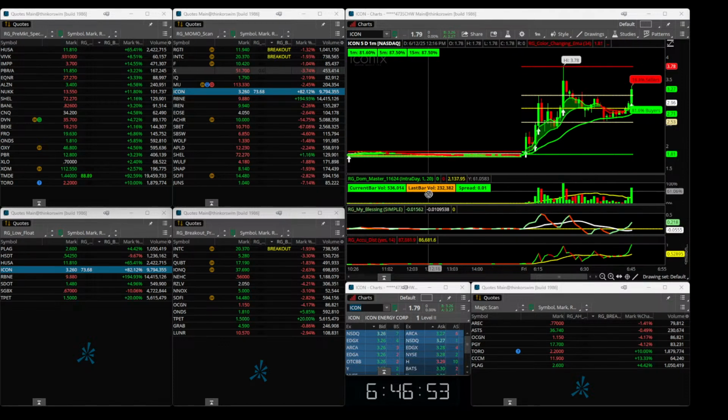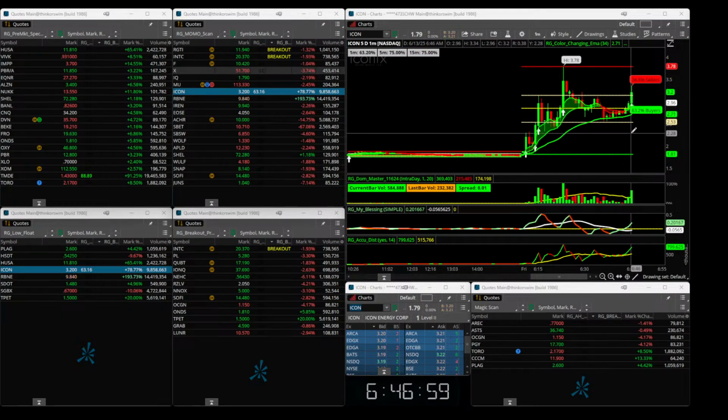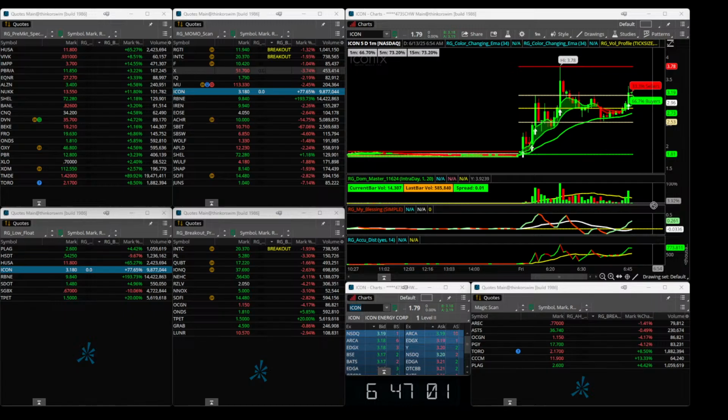The volume is flowing nicely. The indicators are not quite all green yet. We have gray labels. Money flow is flat, sometimes red.